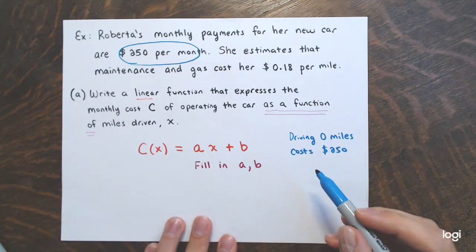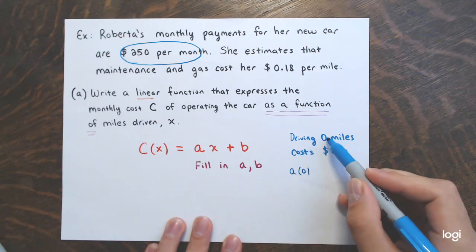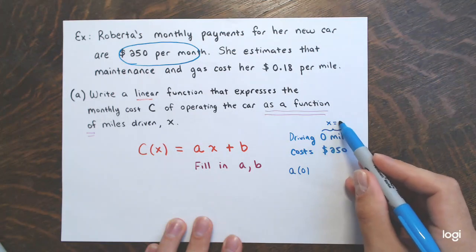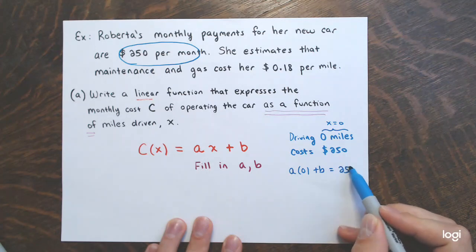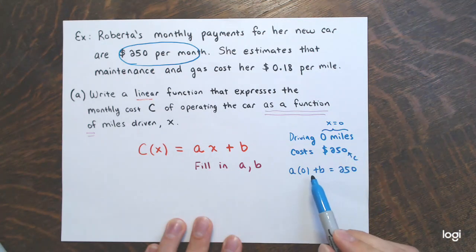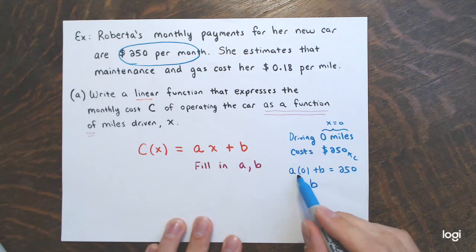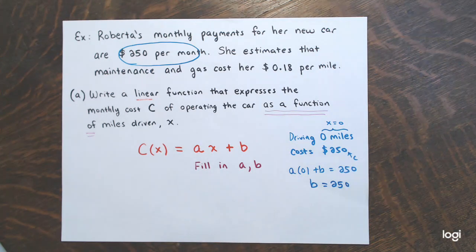That means that a times 0, right, replacing x with 0 miles, right? That's what driving 0 miles means, plus b would be equal to 250, the cost, right? This is the C, right, the 250. So that means, a times 0, anything times 0 is 0, so the value of b is 250.